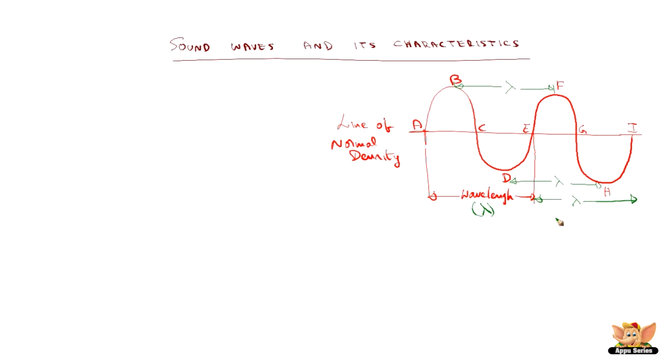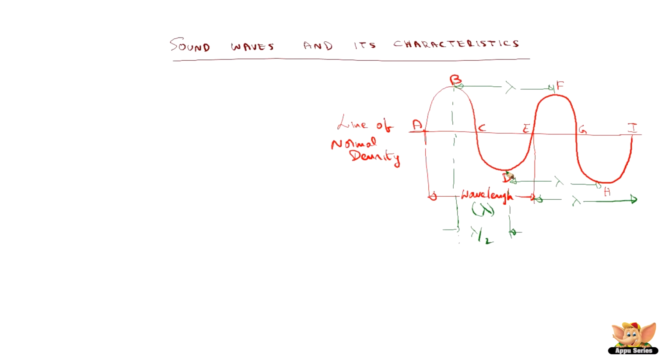And another thing that we need to note down, a very important factor which we use in many problems, is half wavelength. So the half wavelength is represented by lambda by 2, which is nothing but the distance between the center of a compression to the center of an adjacent rarefaction. So in this case, B is the center of compression and D is the center of rarefaction. So this is lambda by 2.